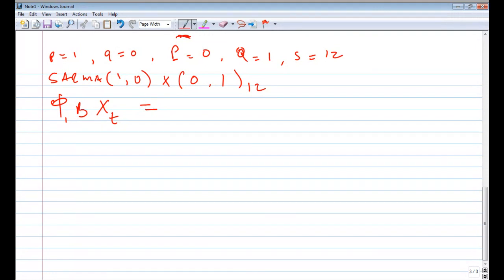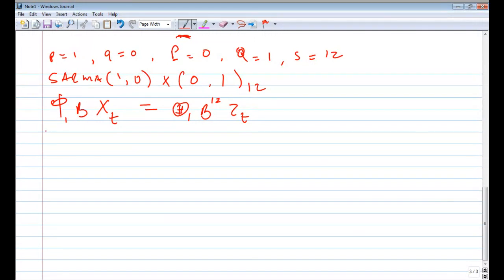Now for the right hand side, for the moving average, q is 0, so you don't have theta q B, but you have the 1 for the seasonal. So you are going to have capital theta 1 B to the power 12, then Zt. So this is the one.